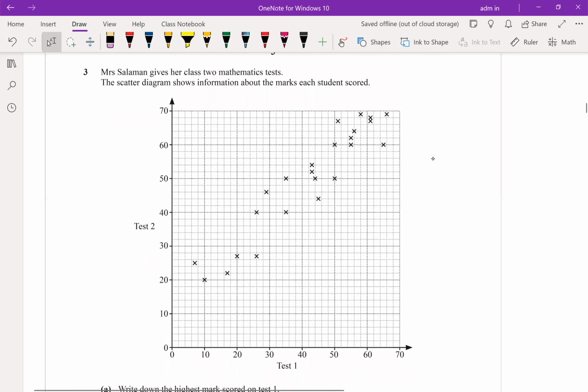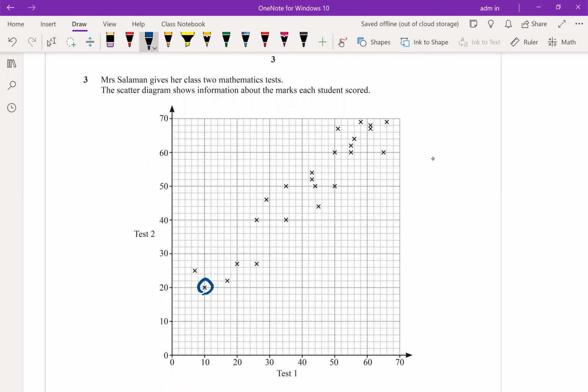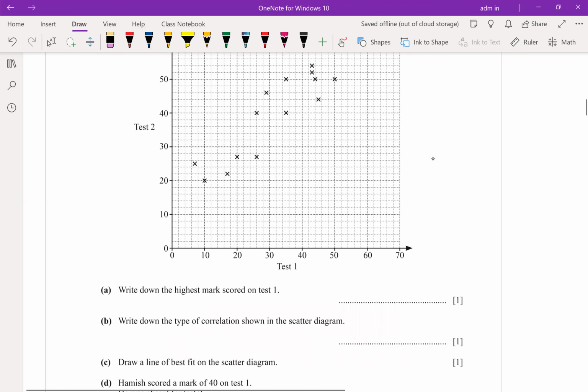Let's say this point: what is the mark in the first test and what is the mark in the second test? In the first test it is 10, second test is 20. Let's say this point: what is the mark in the first test and the second test? You can find it. Let's start to solve part A.